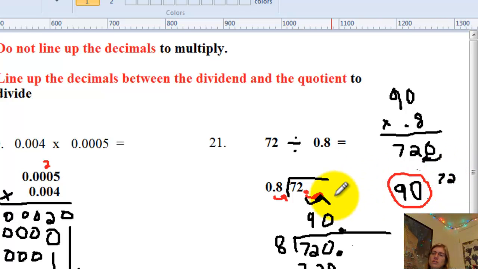So I checked my division, and if I did 0.8 times 90, because you go back to the original divisor to check it. Original divisor times the new quotient, using 8 as your divisor with 720, it still comes out correctly. I was showing you that so that you can see that 90 times 8 is 720. That's true, but 90 times 0.8 is 72. That's how you would check that.